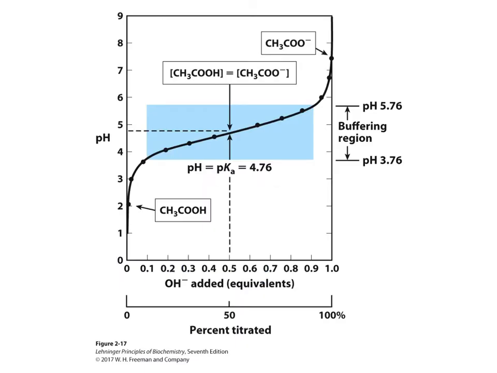This is a titration curve for acetic acid. So in this, what we're doing is we're adding equivalents of hydroxide, which is a strong base, to a solution of acetic acid, which is a weak acid. On the y-axis, we have the pH. As you add hydroxide, it will react with the weak acid.